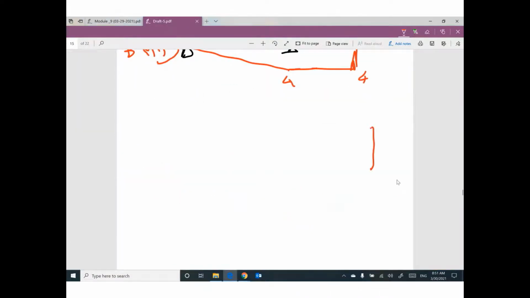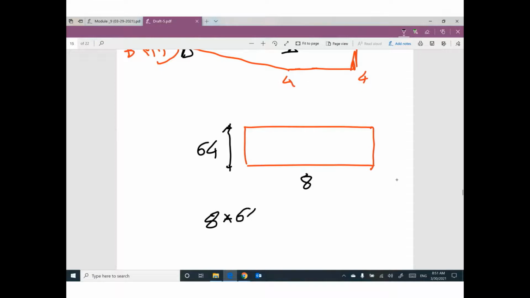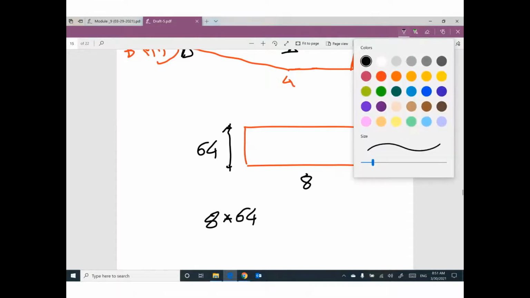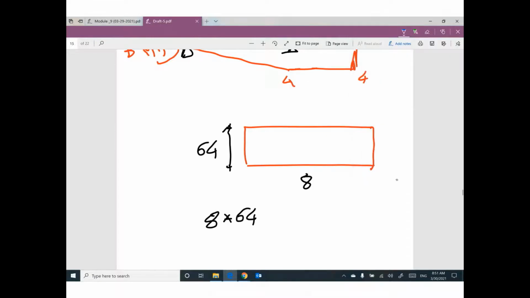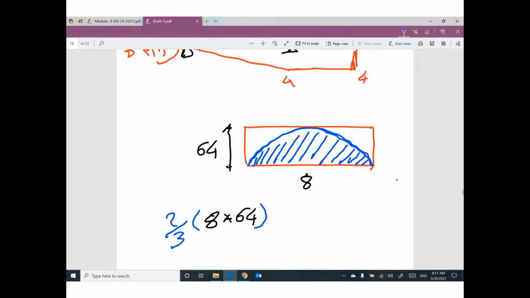If you have a rectangle, this length is 8, this height is 64, so the area of this rectangle will be 8 times 64. If you draw a parabola inside this rectangle and you would like to get the area of this parabola, go ahead and multiply the area of the rectangle by 2/3.